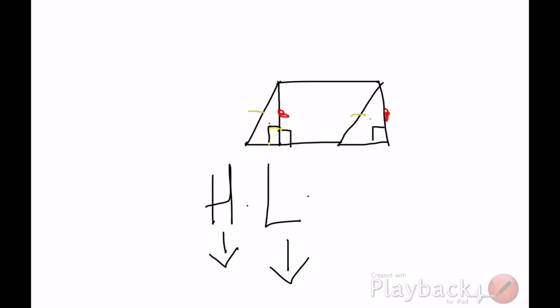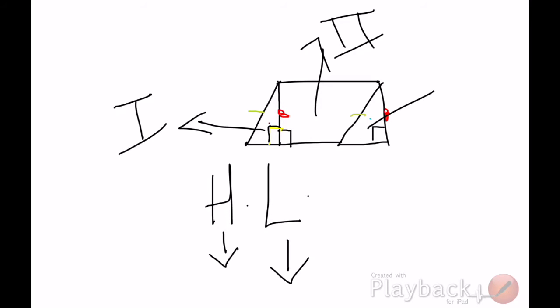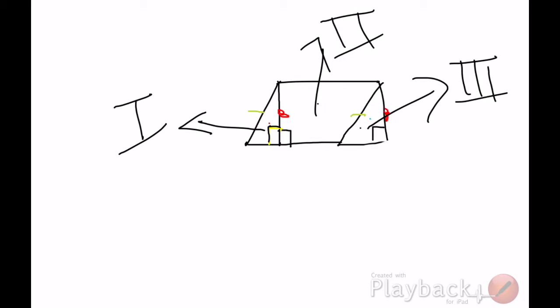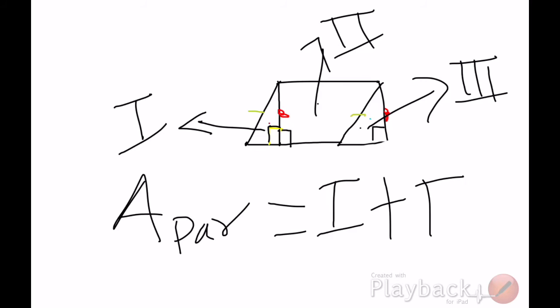So if we divide this big figure into three regions, okay, let this triangle be region 1, this be 2, this triangle be 3. So we have three regions right here. And the area of the parallelogram, this thing, is equal to the sum of region 1 and 2.